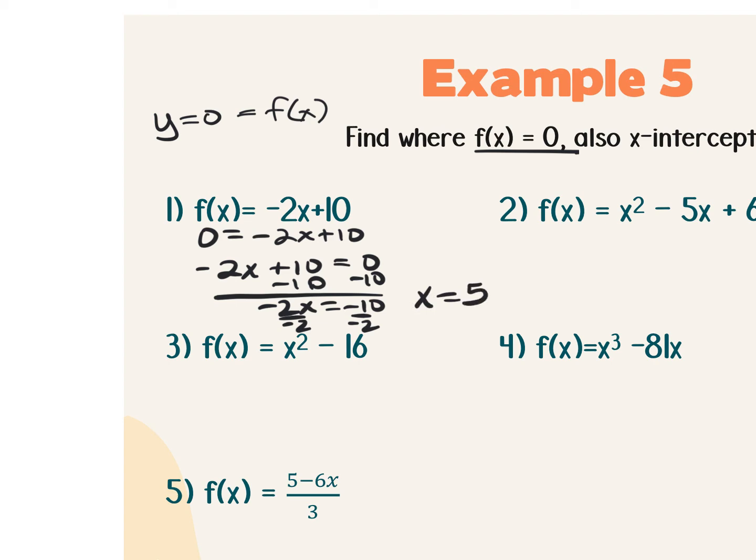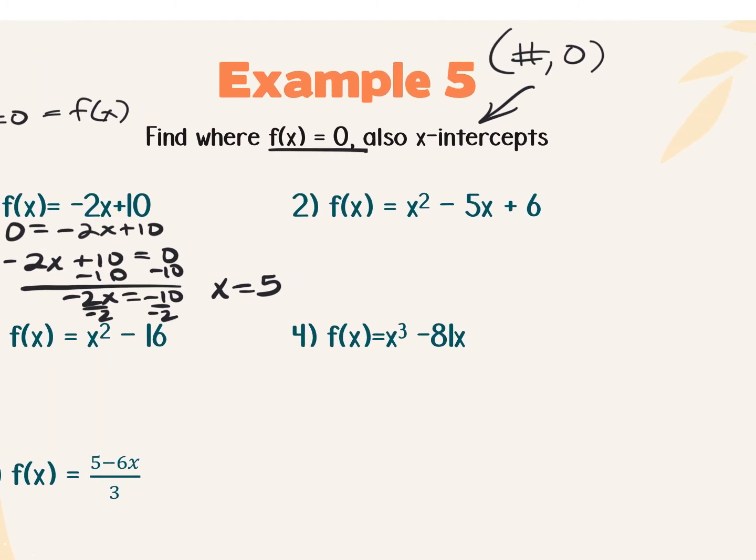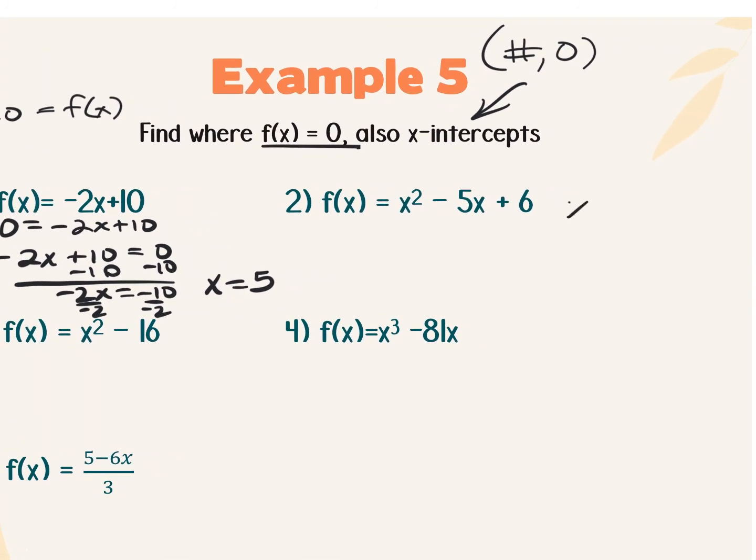And x equals 5. This ordered pair is your x-intercept. It's the ordered pair 5, 0. Because again, x-intercepts, remember, are a number and then comma 0. So really all we're doing is setting our equation, or our function, equal to 0.